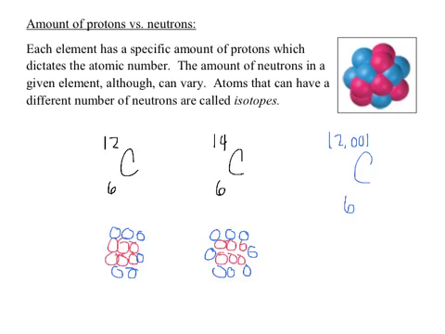So you take 80% times this mass number, plus, say, if 10% of them exist this way, 10% times this mass number, and you keep going through this process, and you can do what's called a weighted average. This would be the overall mass of the carbon elements on Earth.